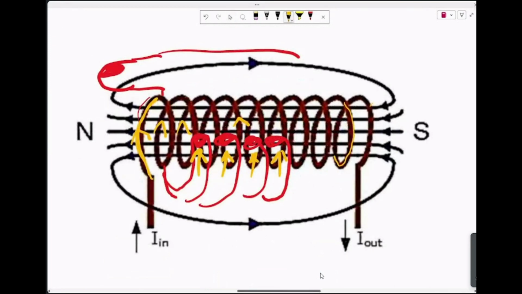You can see the black line here. The one is at the back. I think this diagram is somewhat wrong, the direction of current is somewhat wrong. It shouldn't be this way.